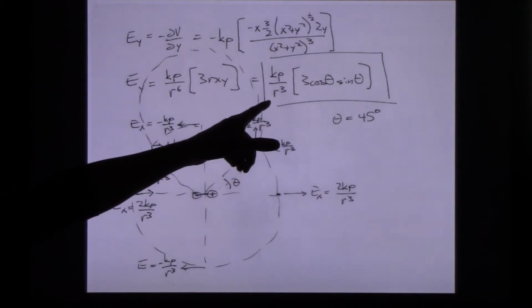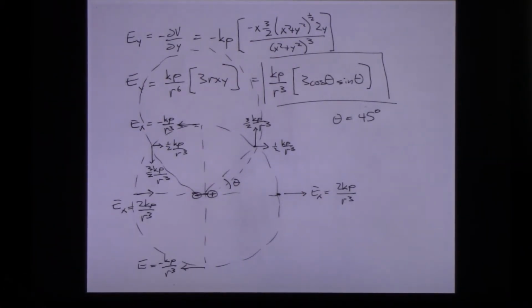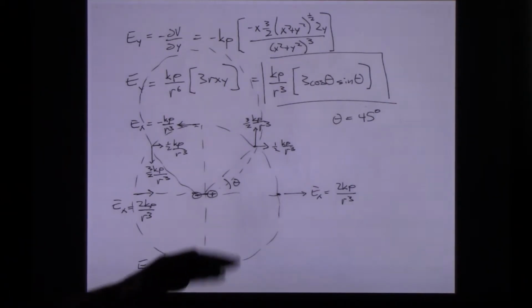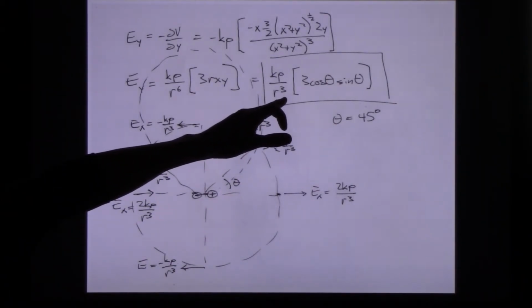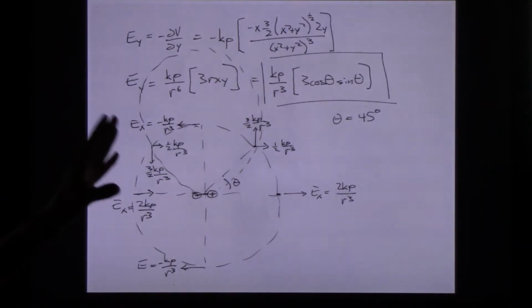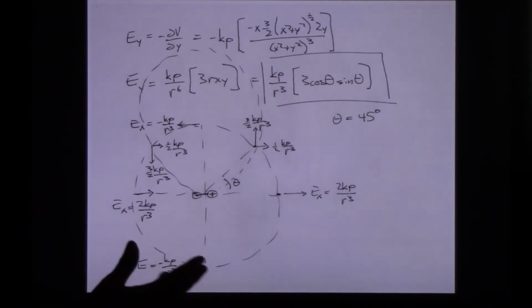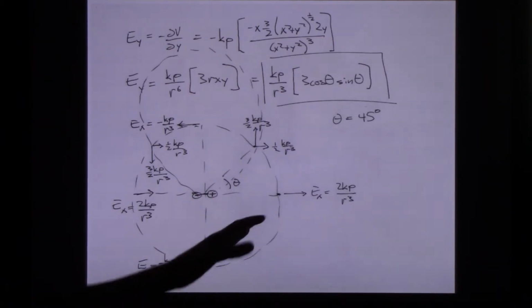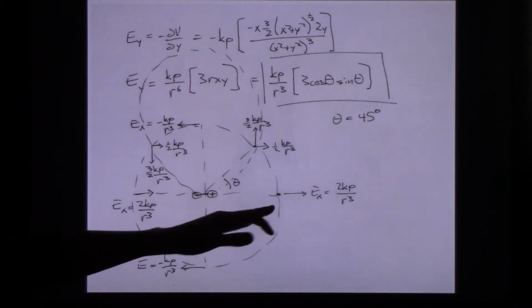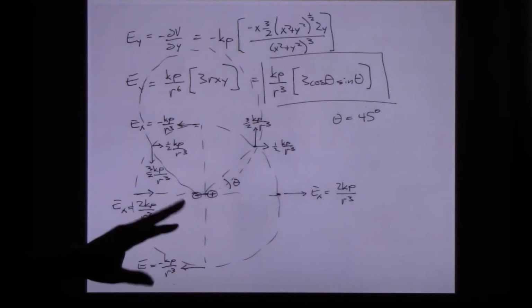Well, dipoles drop off at a faster rate because the two charges tend to cancel each other's E field. Not completely, but partially. And so the drop-off is more rapid due to a dipole than it would be due to an individual point charge. That's to be expected. So I went through and I drew the diagram here, and so here's what I came up with.